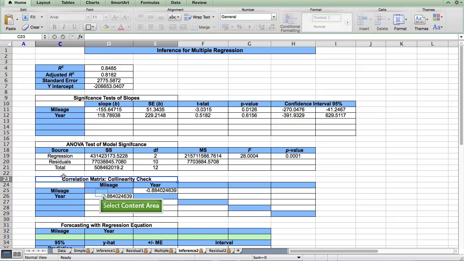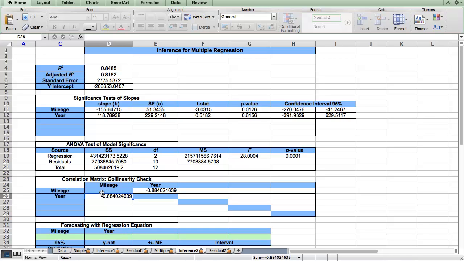Looking at the correlation matrix, we see that there is a very strong negative correlation between mileage and year. And we would expect this. The older cars should have more miles. But as the year increases, that is, the car is newer, we would expect there to be fewer miles.